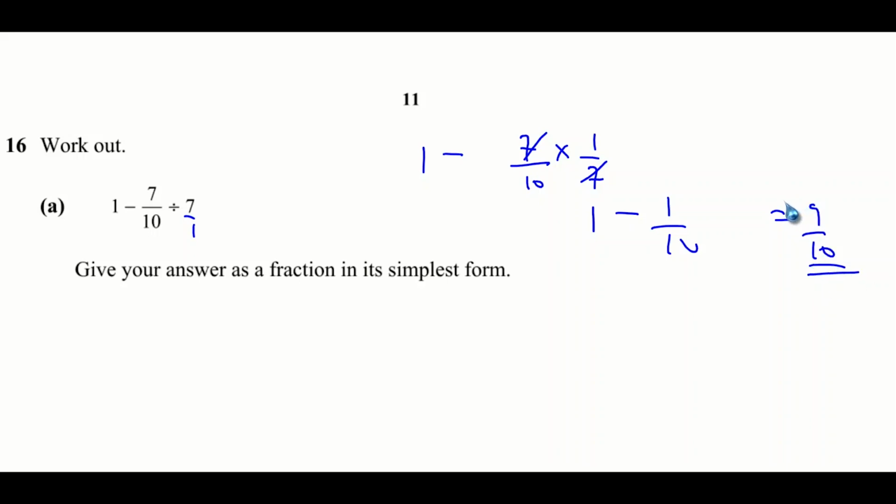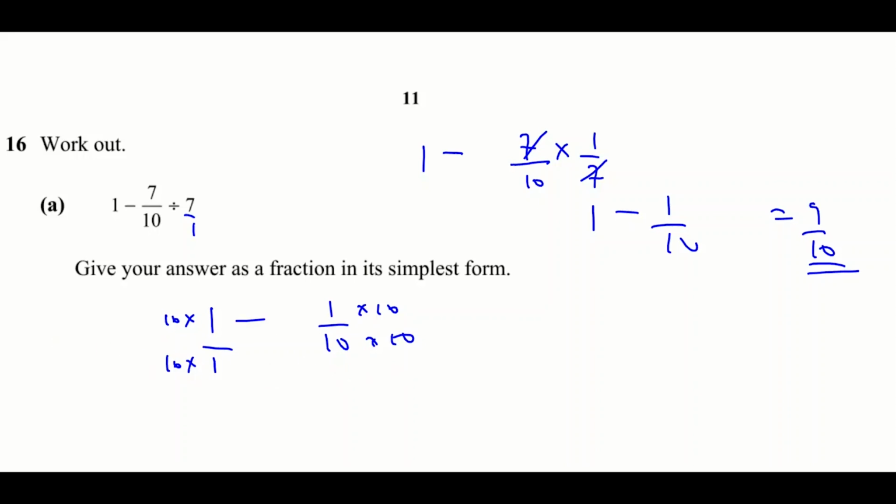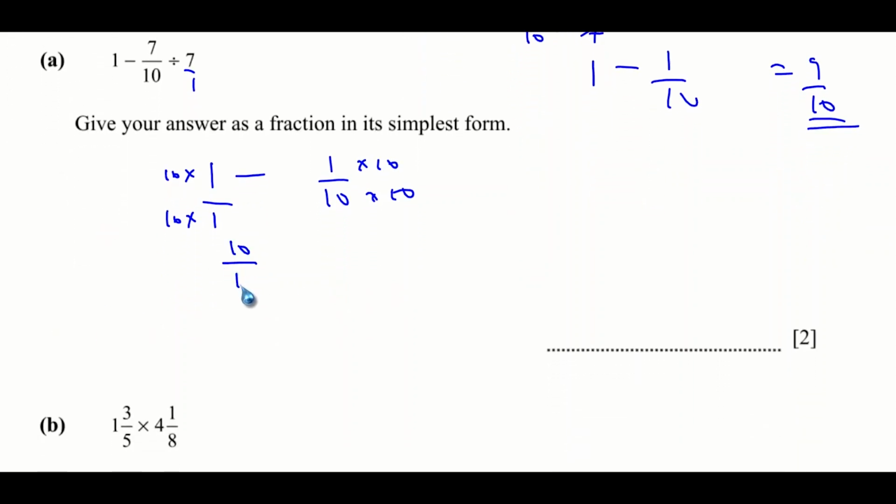But if you want to show your working, you can just do 1 minus 1 over 10. So this would be like 1 over 1. I want to have a common denominator, so multiply this by 10, multiply this by 10. So I'll have 10 out of 10 minus, multiply this by 1, multiply this by 1, because 10 is here, then 1 is here.